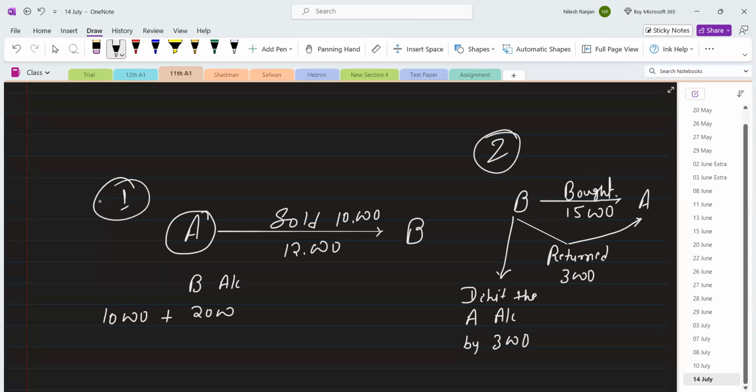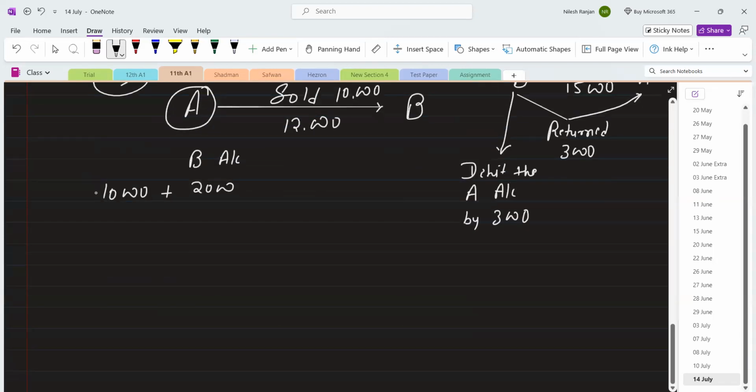So we have to receive money from B. It is our asset, so we will debit the B account. After some time, we find out that 2,000 is less written in the account. So we will add 2,000 on the debit side of B account, and the total amount receivable is 12,000. Understood?